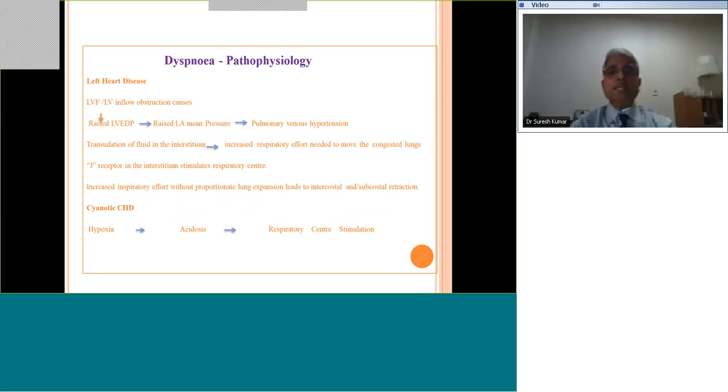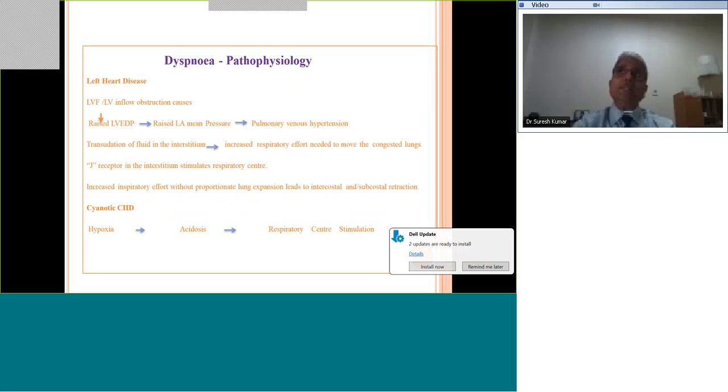Let's look at how exactly dyspnea results. For dyspnea to happen, the pressures in the pulmonary veins have to go up. This ordinarily means an elevation of the left atrial pressure. You can have a normal left atrium and elevated pulmonary venous pressure in obstructed TAPVC. So the pulmonary venous pressure has to go up.